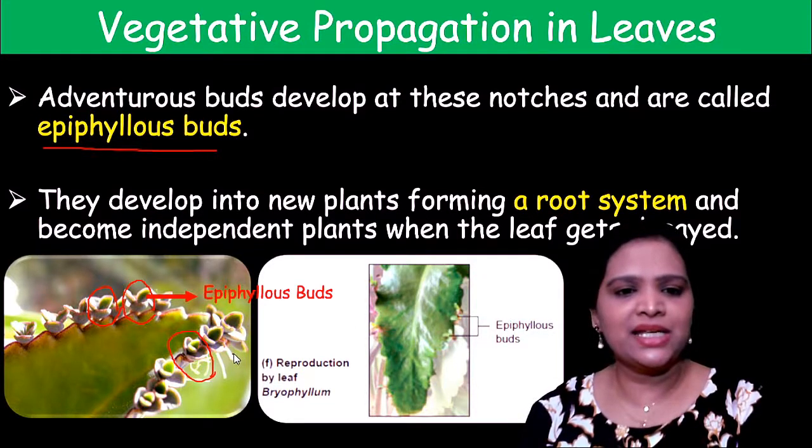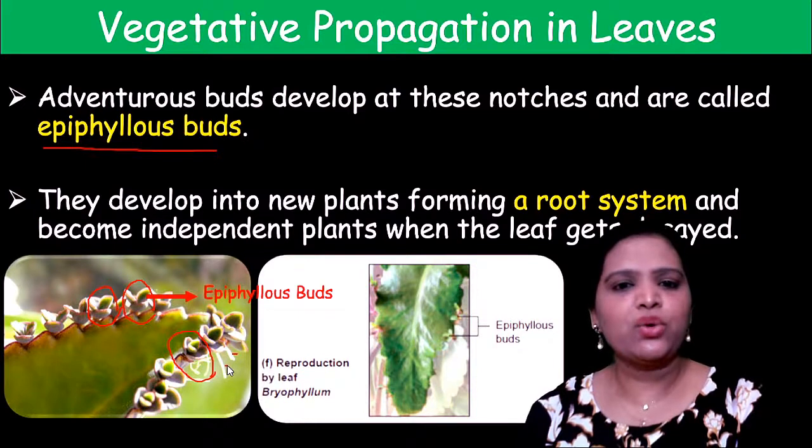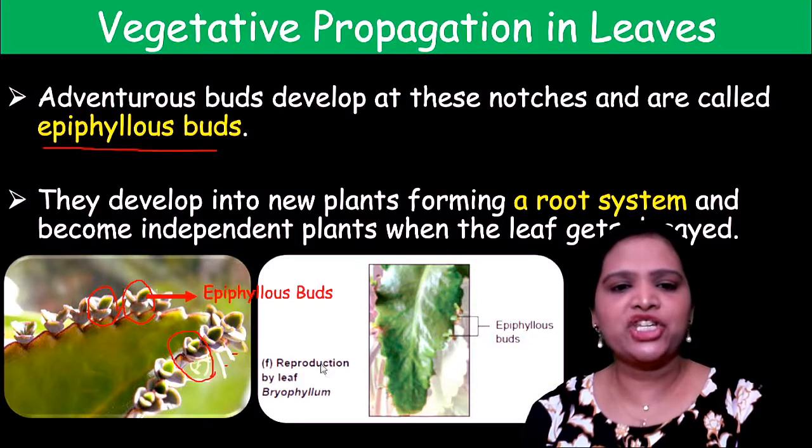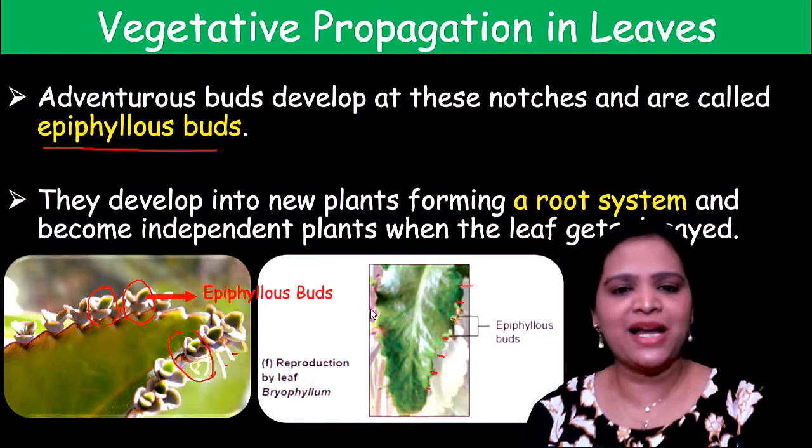We could see here, this is the root system. Once they fall off from the mother plant into the moist soil, they start to develop from these small roots. So reproduction by leaf, a very good example is Bryophyllum. These small buds on the margin of this plant are called epiphyllous buds.